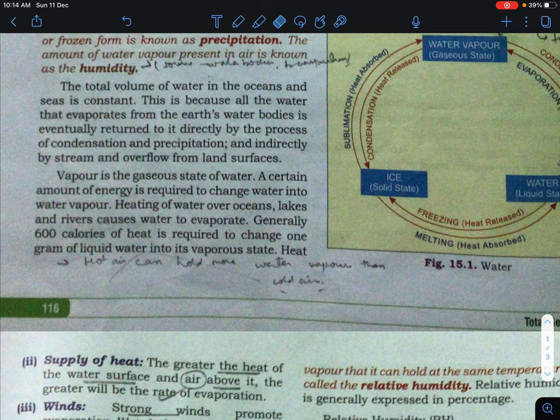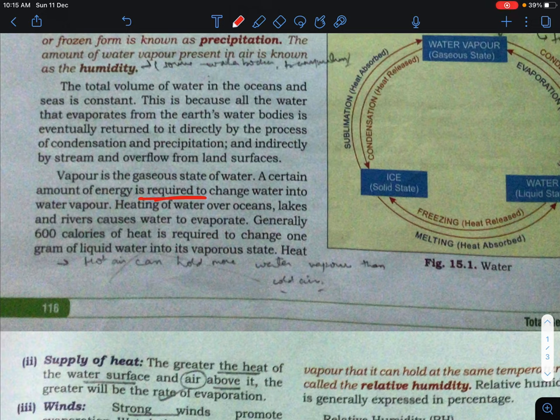It's obvious, because we are changing the phase, changing the water molecules into gaseous form, so we need extra energy. This amount of energy is called latent heat. We will study about it.